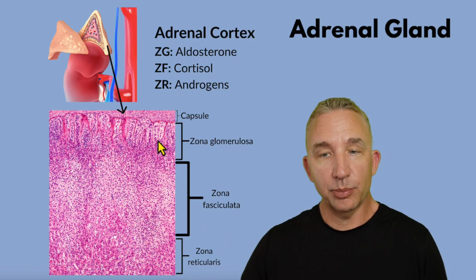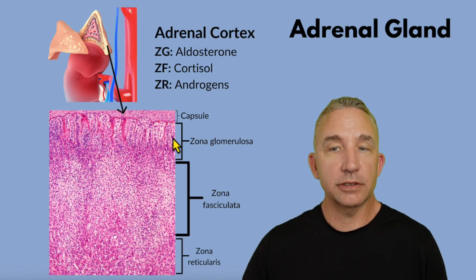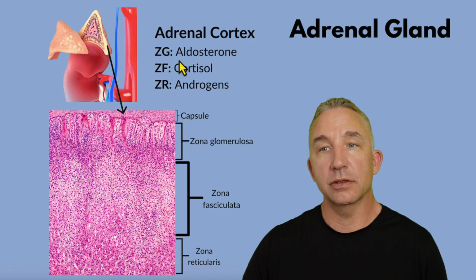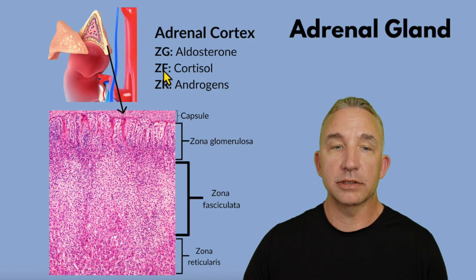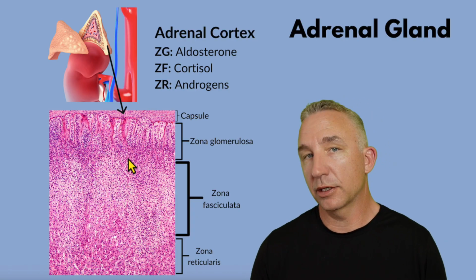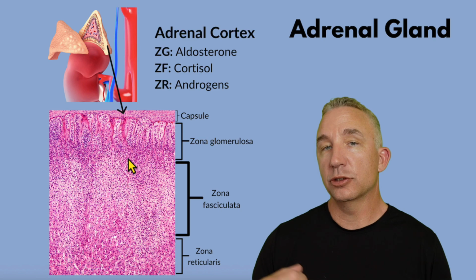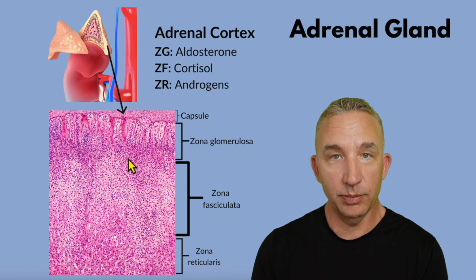And when we look at the primary hormones that are secreted in each region, we start first within glomerulosa is aldosterone. So aldosterone is controlling a lot of our sodium levels. So specifically what it's doing is increasing the amount of sodium that's running through the bloodstream. This contributes when function with the kidneys when it comes into understanding our blood pressure.